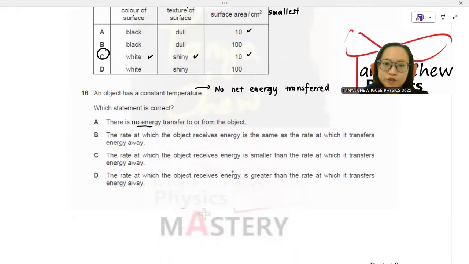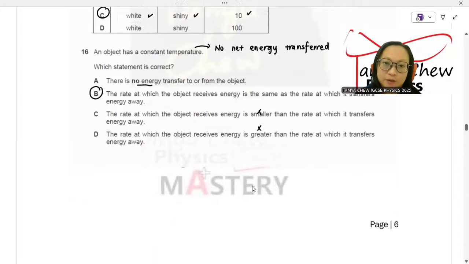B, the rate at which the object receives energy is the same as the rate at which it transfers the energy away. So I receive that much, I transfer away that much. So the net or resultant energy is equal to 0. Yes, B is the answer. It cannot be smaller or greater because the temperature is constant.